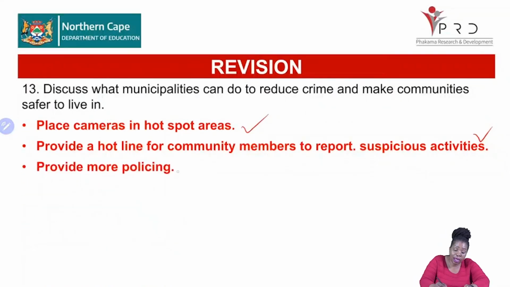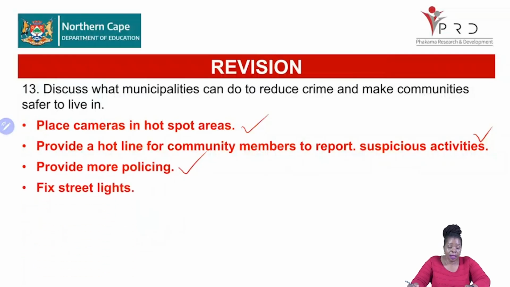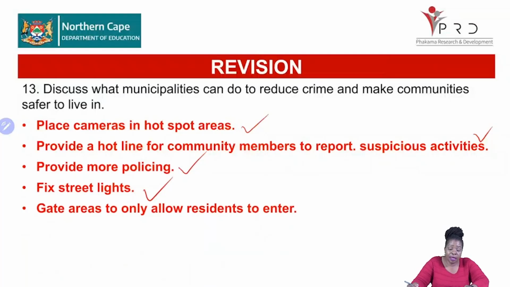Also, they can provide more policing within their communities, and they should also fix street lights so that community members do not have to walk in the dark. Right? And gate areas to only allow residents to enter. Gating areas meaning providing boom gates to every area so that only the residents can have access.